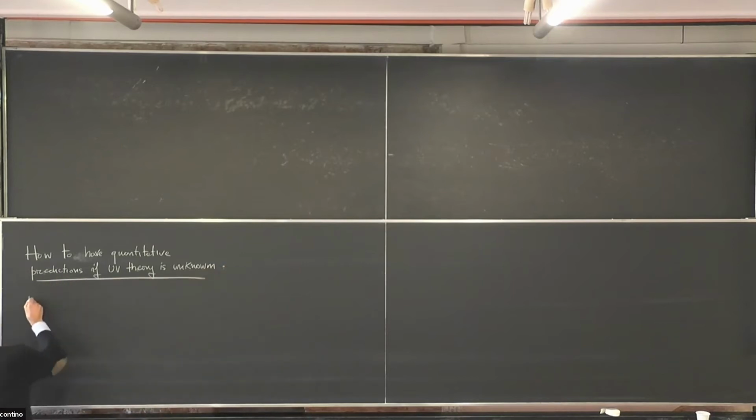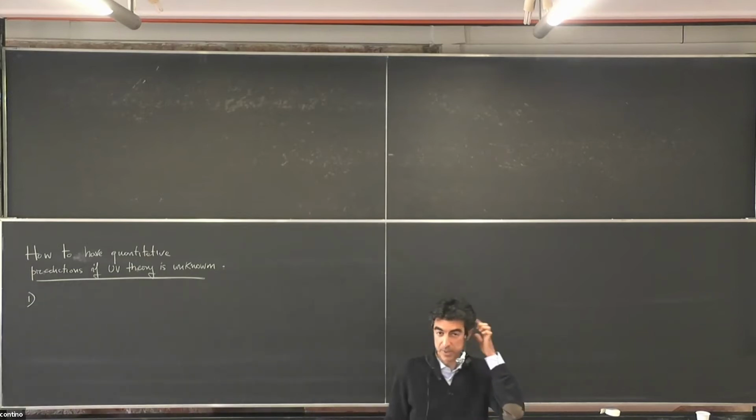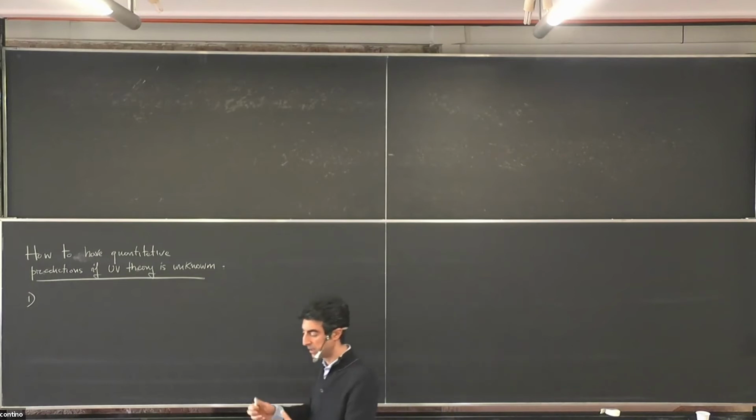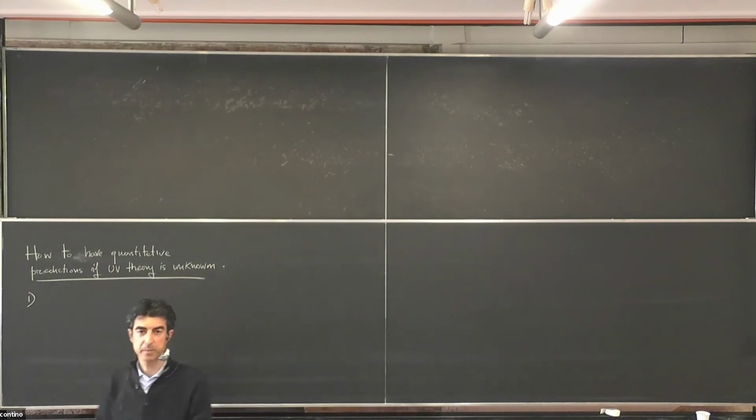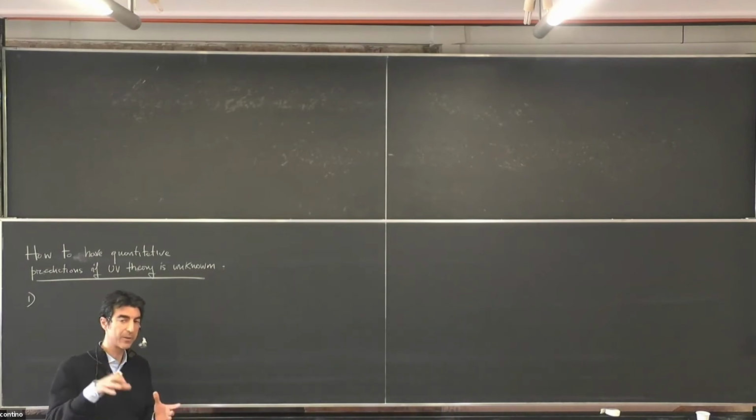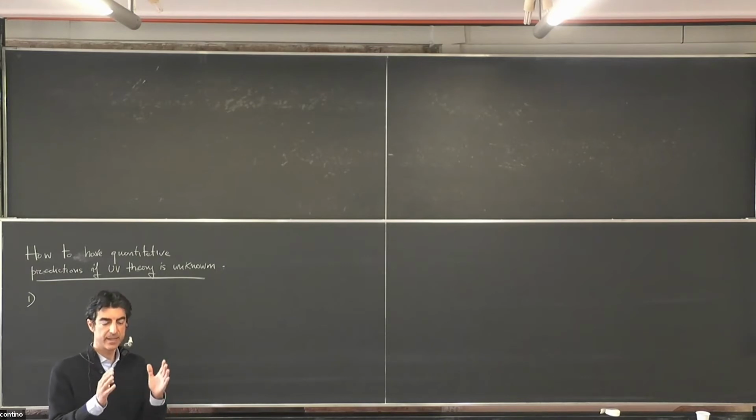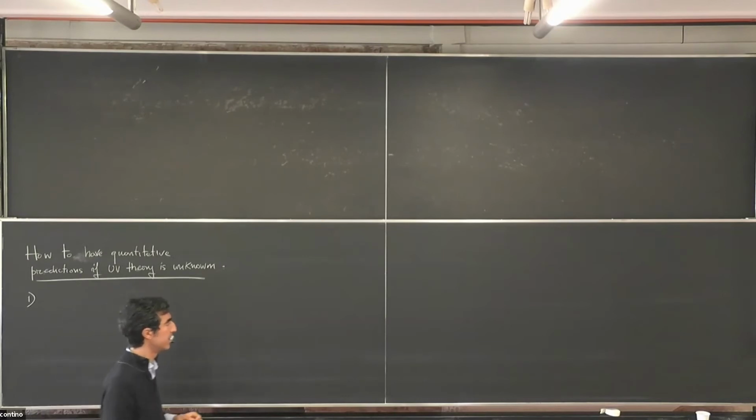The first possibility is to focus on observables, or at least on contributions to observables, which are calculable within the effective field theory. Calculable means that these quantities do not depend on the effective coefficients. How can this be possible?